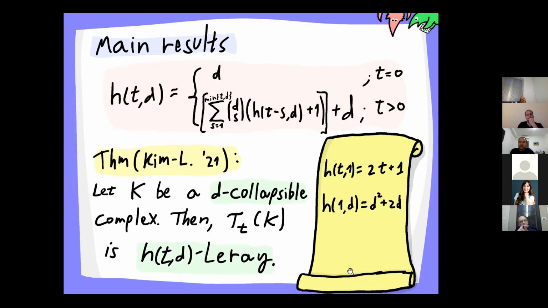In the special case t equals 1, we obtain a bound of d squared plus 2d, which is about 4 times larger than the bound in the conjecture, which is okay, also not too bad. In general, if we fix t and let d grow, then HTD behaves like d to the power of t plus 1, which is the right order of magnitude.